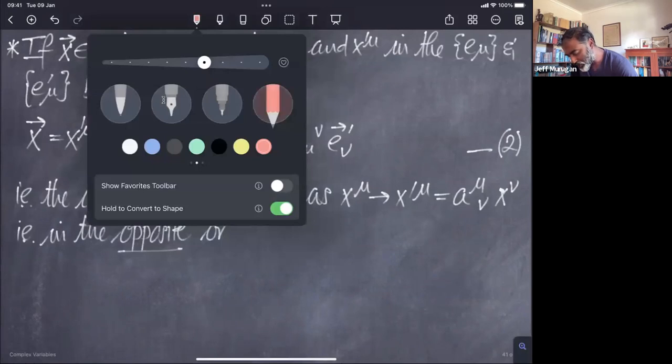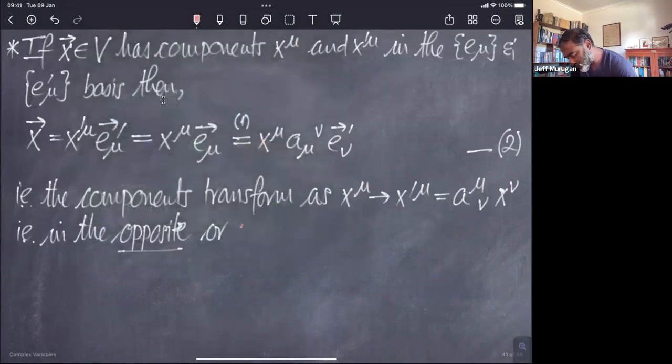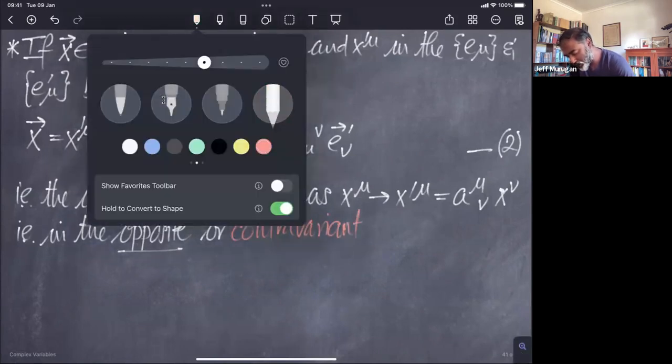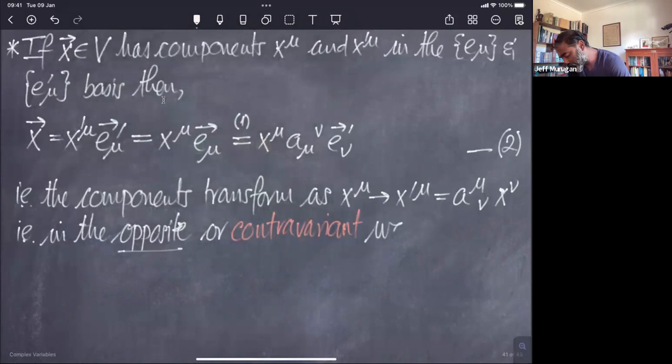Another way of saying the same thing is in the contravariant way to the basis vectors.